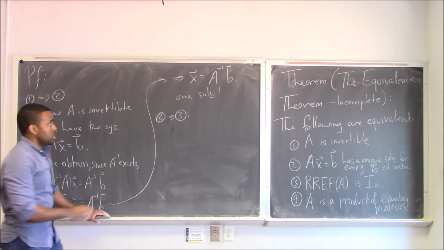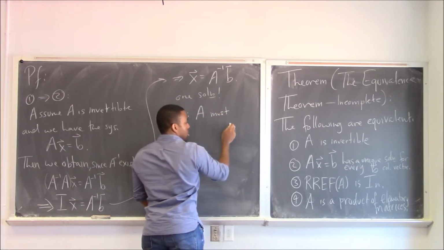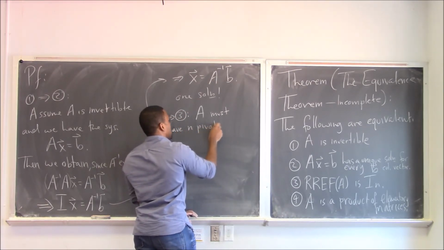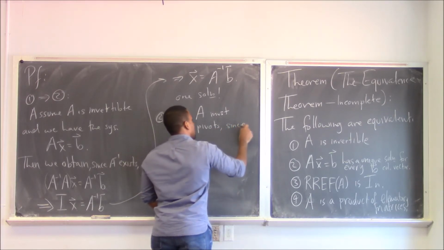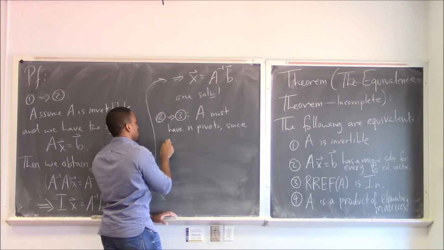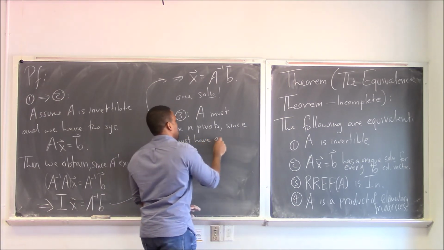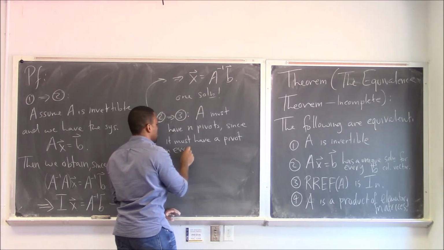Right? So here, A must have n pivots, if I'm assuming it's n by n, since it must have a pivot in every row.